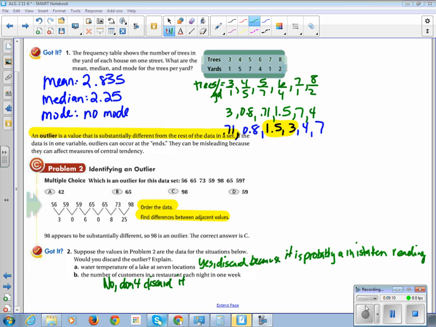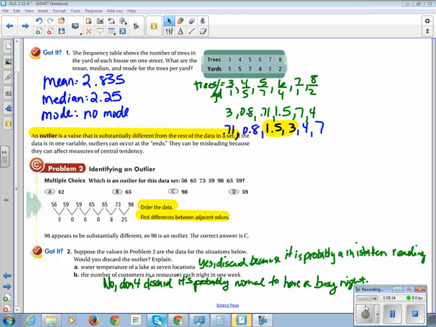It's probably normal to have an extremely busy night every now and again, like Cinco de Mayo. And especially if you're doing cost calculations or ordering calculations, if you want to prepare for that night, on average, you're ready to feed that amount of people. It's important to know how many are going to be there.